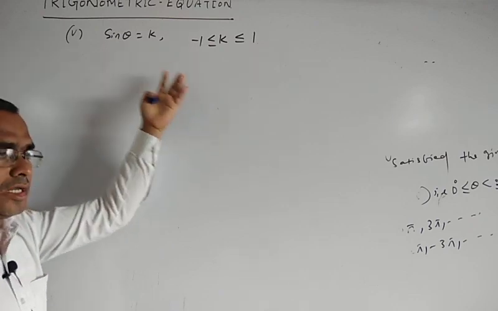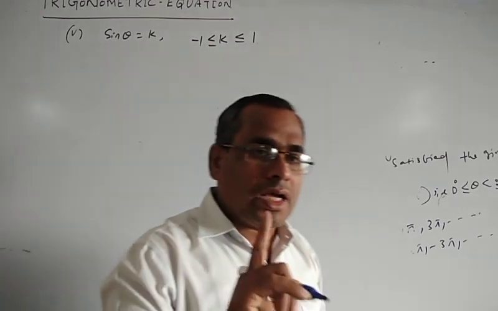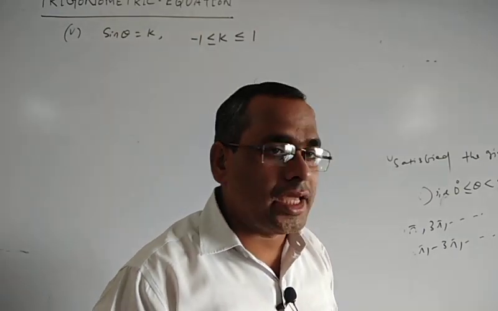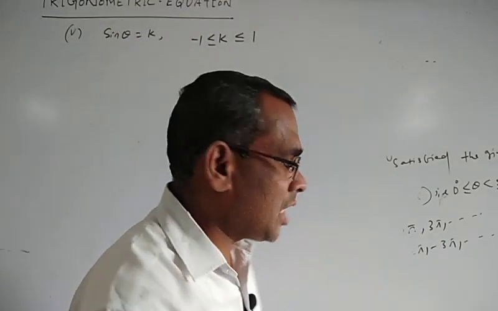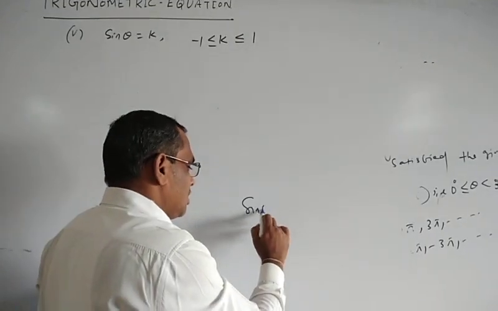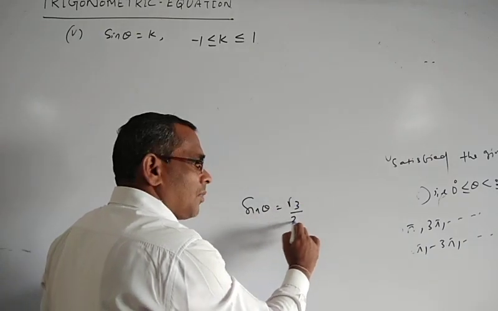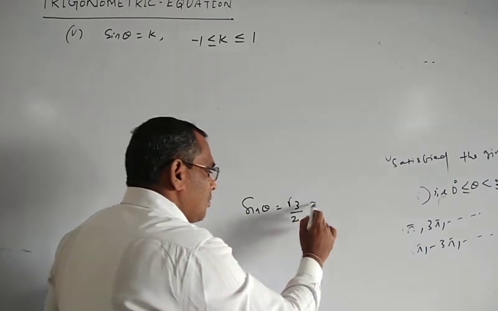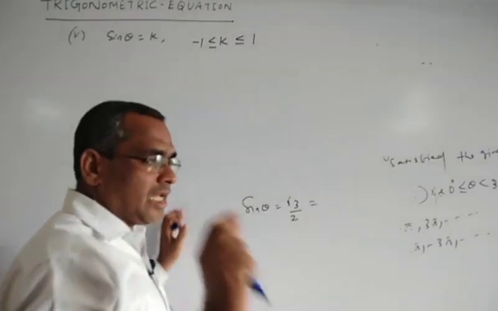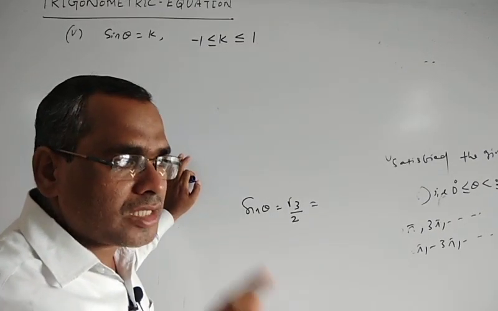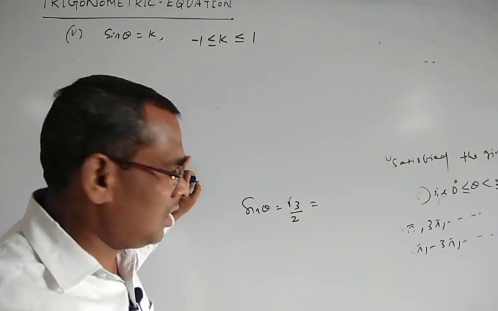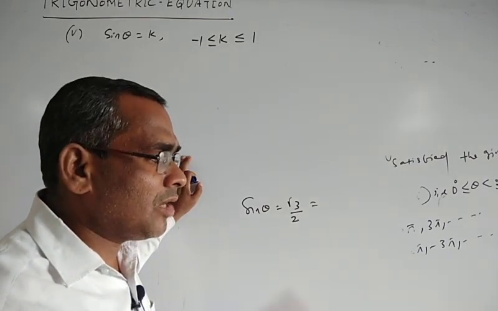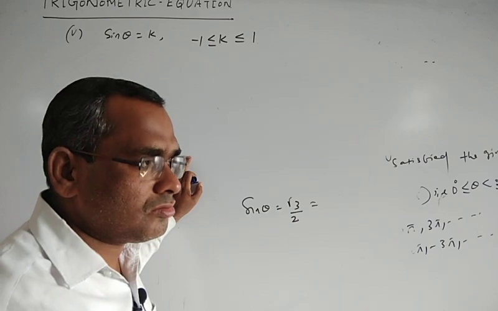So how to find its solution? First you have to convert k in terms of sine. Suppose sin theta is equal to √3/2. Find its general solution. In such a case, what do we do? First you select a small angle whose sine value is √3/2.